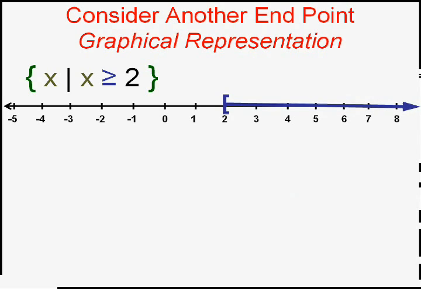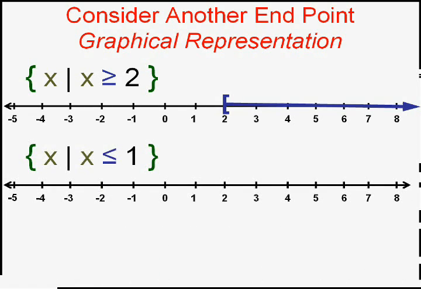I would like you to consider, instead of using the filled in circle, we're going to use, from now on, and I'll show you why in a second, a bracket. In this one, this would be X such that X is less than or equal to 1. That would have been a filled in circle as well, so we're going to use a bracket there.